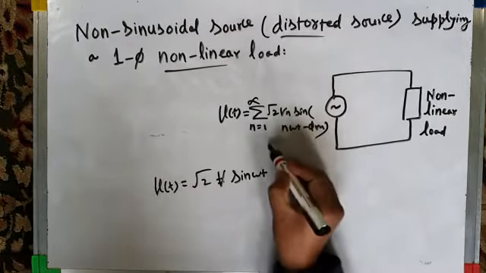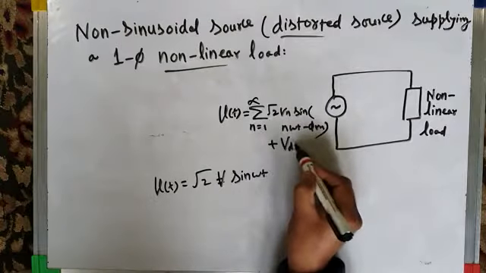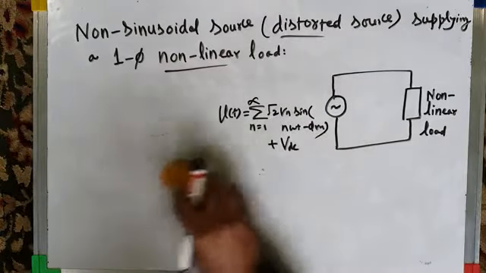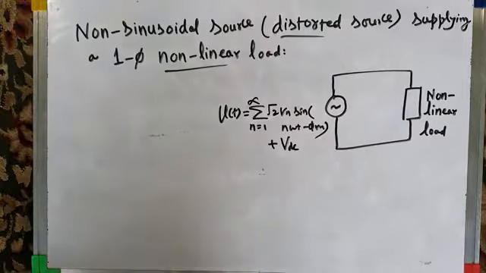Let us assume that this source has some DC offset also. You already know, I have discussed with you that the source voltage could be distorted and it could have a DC offset also. The cause for DC offset, I have already told you, is a single phase half wave rectifier, which causes offset in the current, and current offset results in voltage offset.